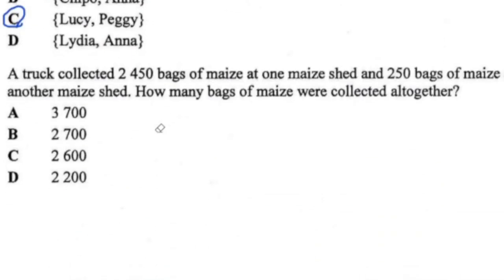Okay, we go to question number 5, which is: a truck collected 2,450 bags of maize at one maize shed and 250 bags of maize at another maize shed. How many bags of maize were collected all together?